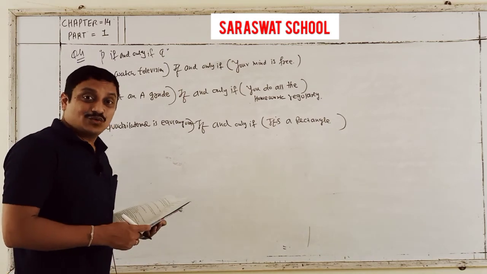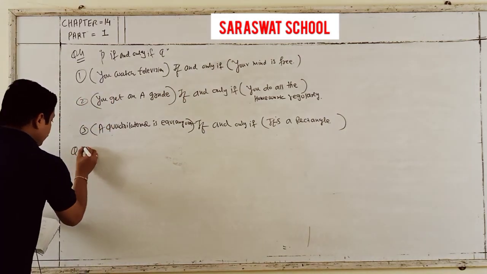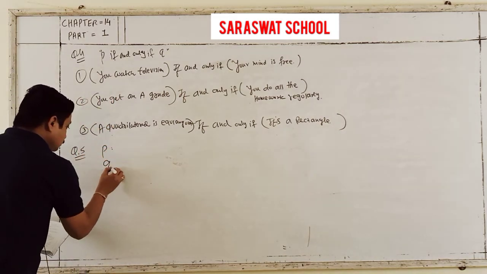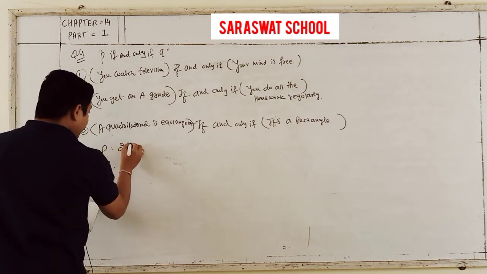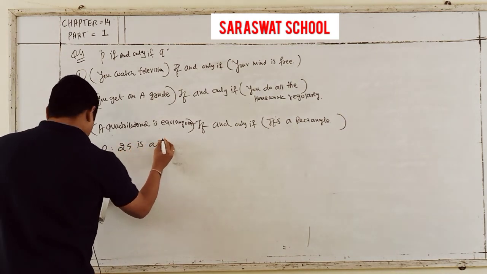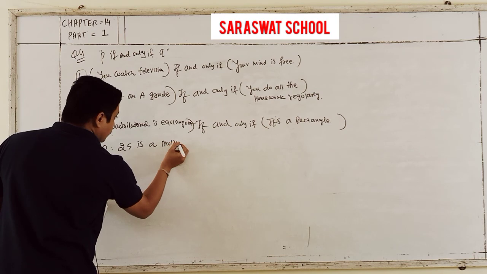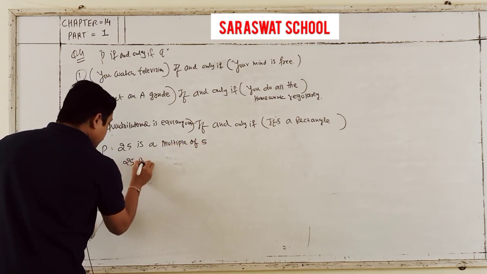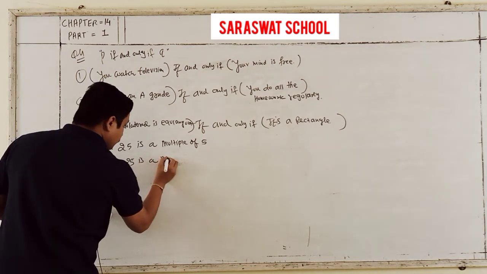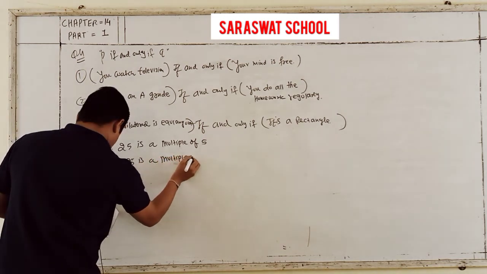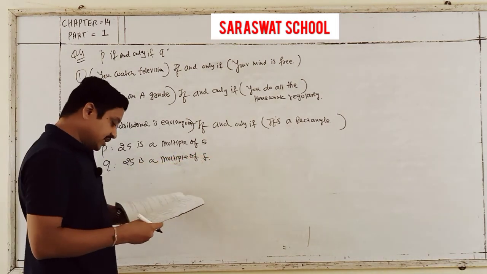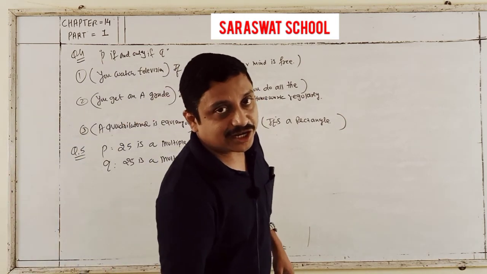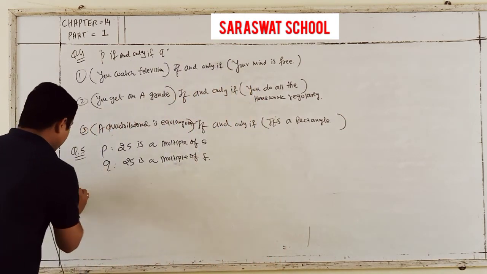Now question number 5: two statements given, P and Q, connect with 'and' or 'or' and get your true and false values. In P given, Q given: 25 is a multiple of 5, and 25 is a multiple of 8, and it asks for the compound statement connecting with and.